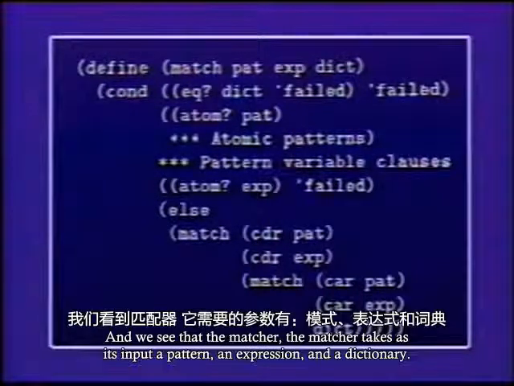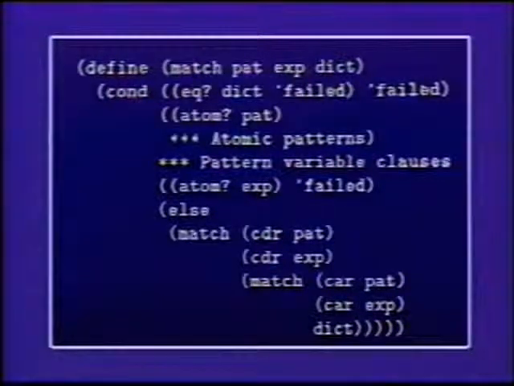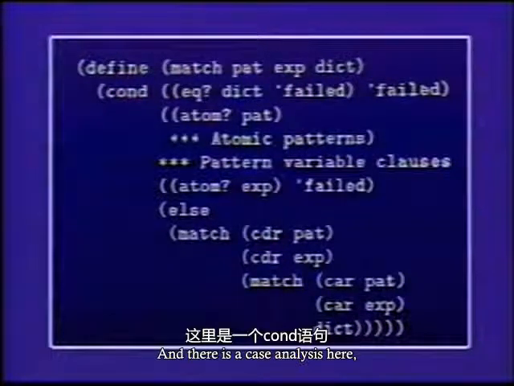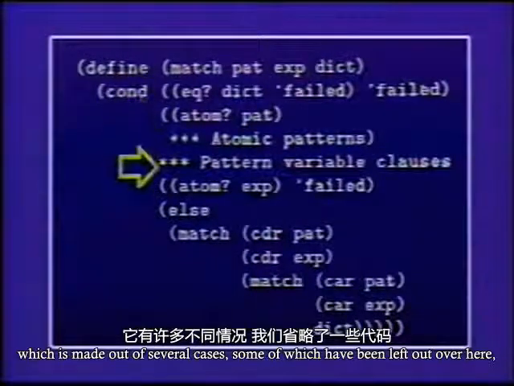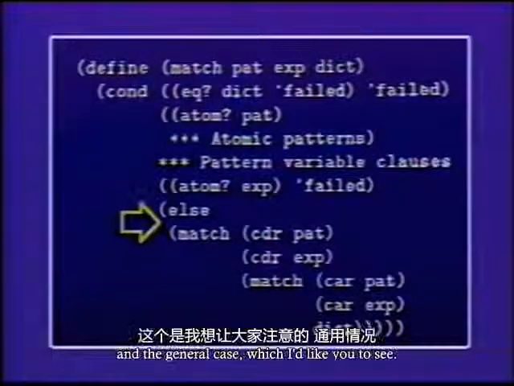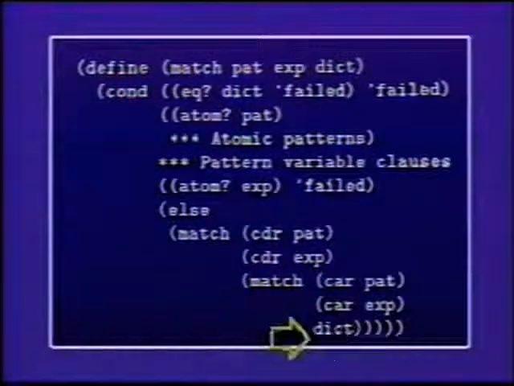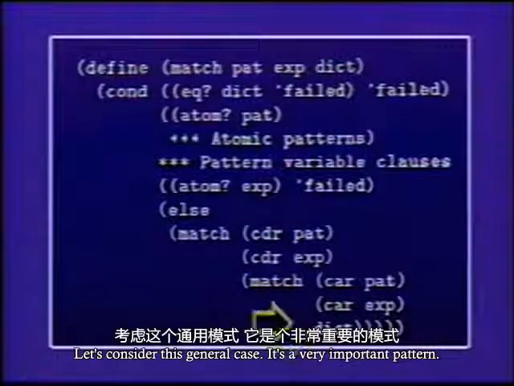Let's go now to the first slide, showing some of the structure of the matcher at a large scale. We see the matcher takes as its input a pattern, an expression, and a dictionary. And there is a case analysis here, which is made out of several cases, some of which have been left out over here, and the general case, which I'd like you to see. Let's consider this general case. It's a very important pattern.